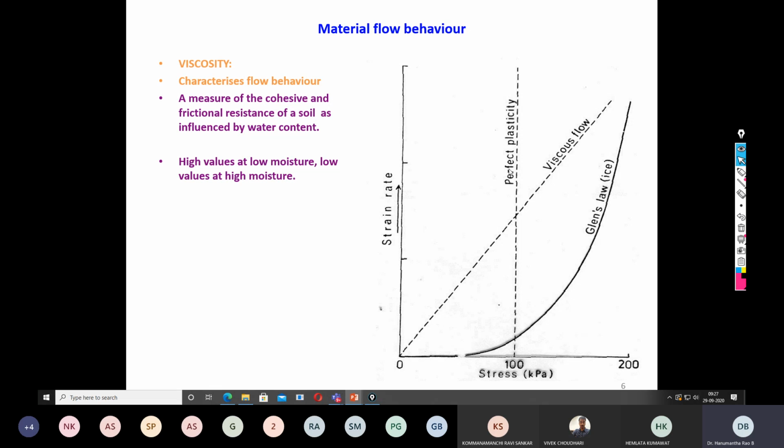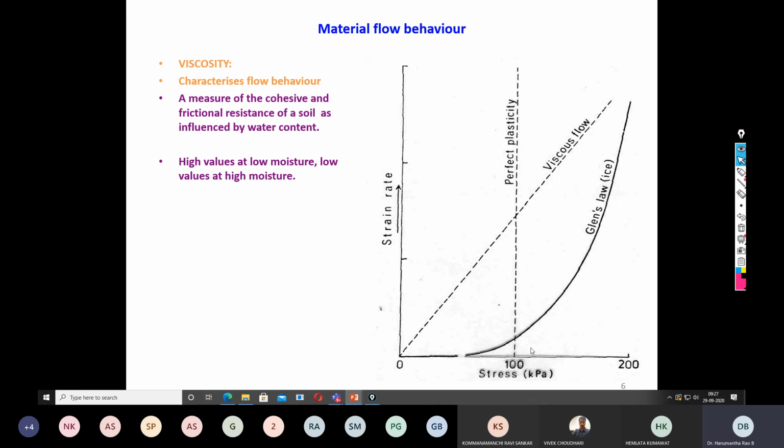Suppose you look at a perfect plastic material, there is no recovery possible at all. It could take only a small amount of load. The moment you start applying the load, it undergoes deformation. There is another law, which is valid for ice, so we don't need to discuss this. But this is the difference between a material behaving like a viscous material and one behaving like a plastic.